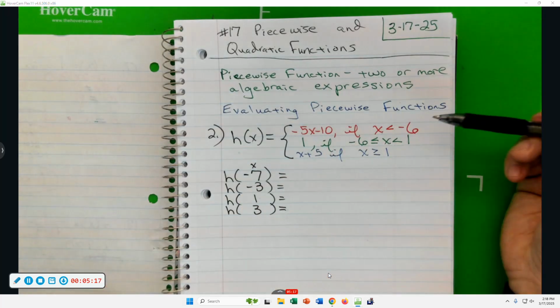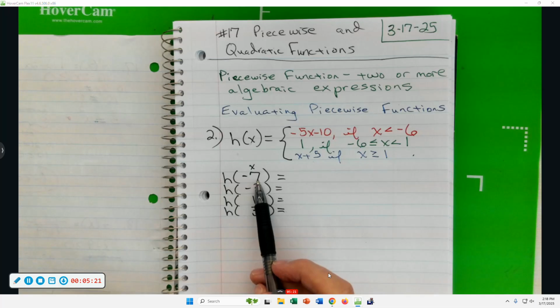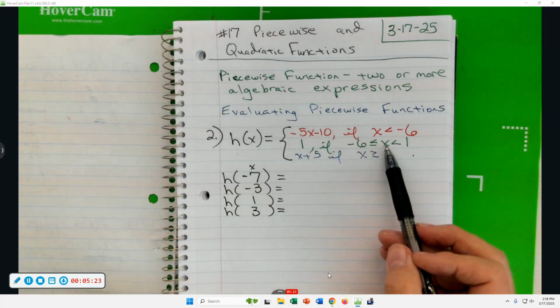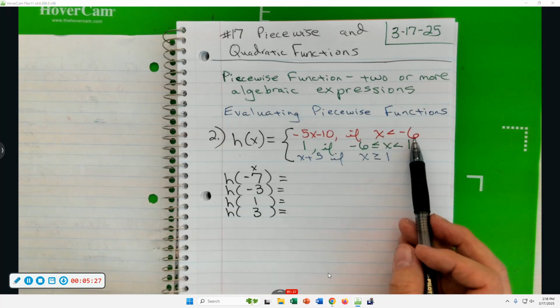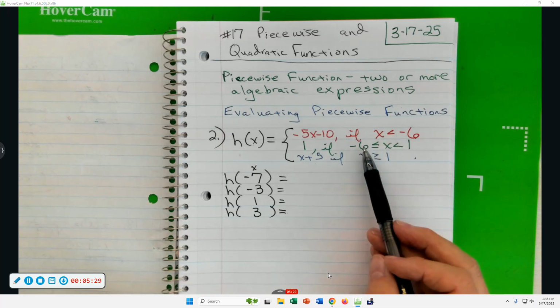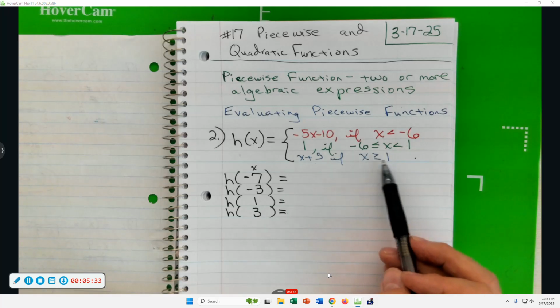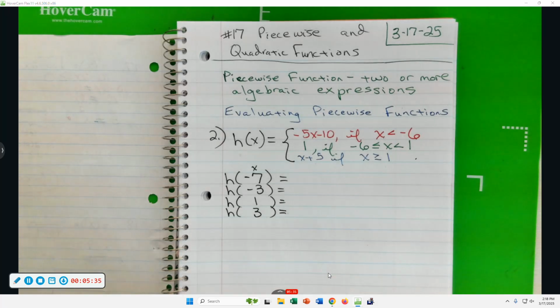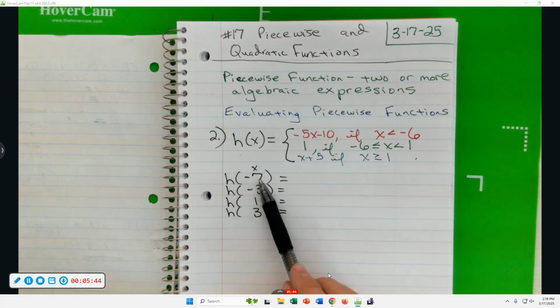So to decide which piece you're going to plug into, the x value is -7. Which inequality is satisfied? Is -7 less than -6? Or is -7 between -6 and +1? Or is -7 bigger than 1? It can only be one of those three pieces. Red, green, or blue. Which inequality is satisfied by -7?